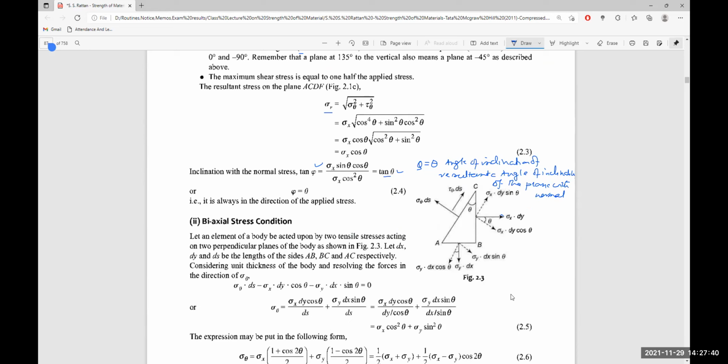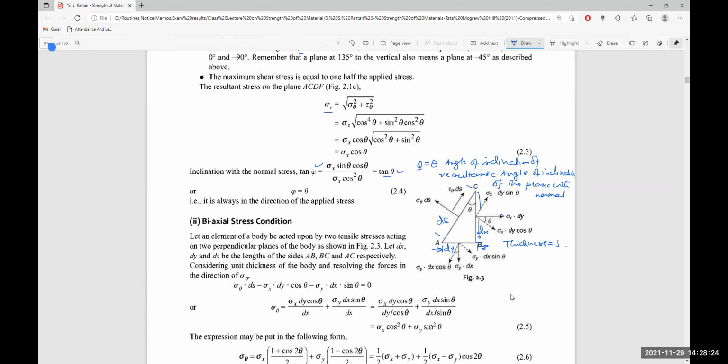So dx is the length of this side, dy is the length of this side, and ds is the length of this side, and the thickness is equal to 1, or unit. Now, if you resolve the forces in the direction of sigma theta, sigma theta ds will be minus sigma x dy cos theta.